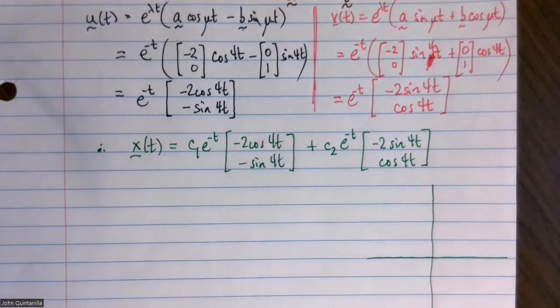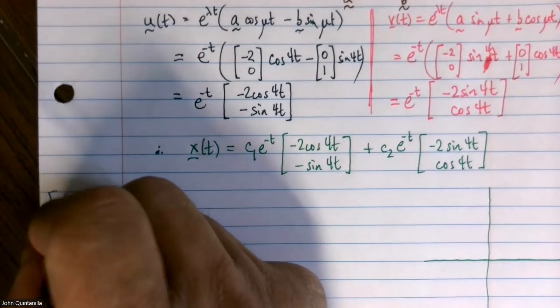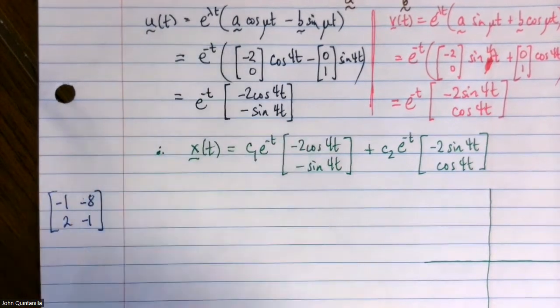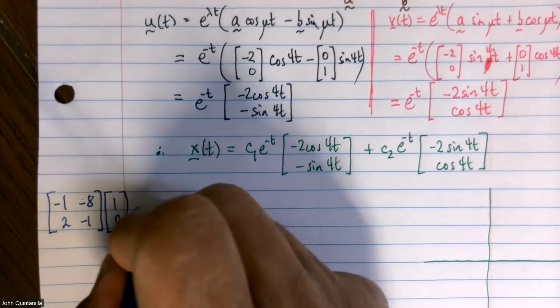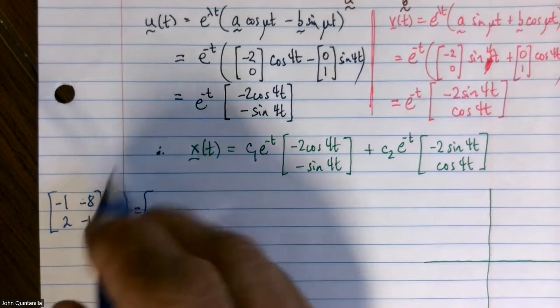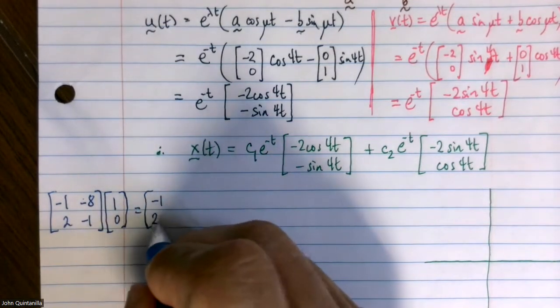Now, to figure out if the spirals are going to be clockwise or counterclockwise, I can do a quick calculation on the side. So my original matrix was -1, -8, 2, -1. That was the original matrix I started with. Now let's multiply this by something convenient, say 1, 0. When I multiply, I will get -1, 0, then 2 plus 0 there.